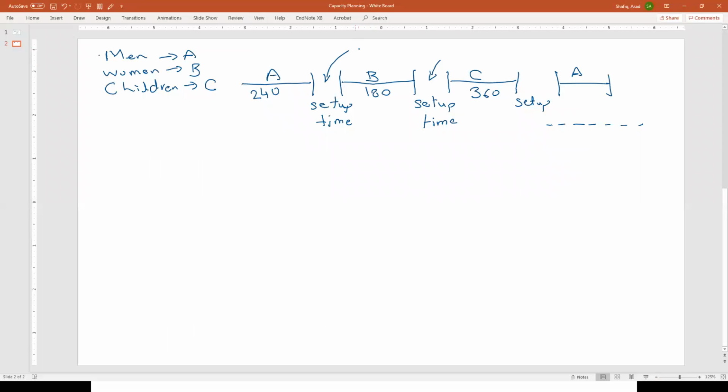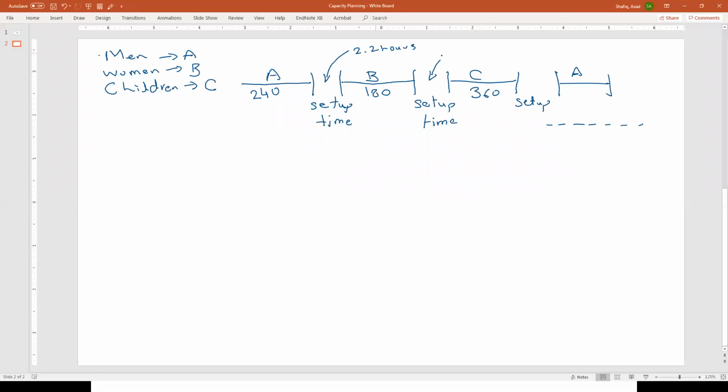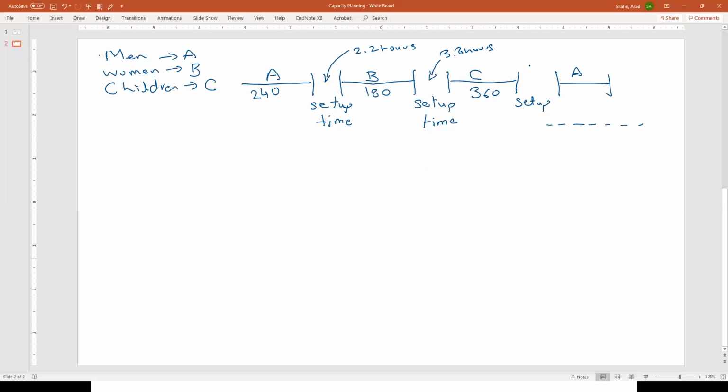So this time is 2.2 hours. And for children's sandals, it is 3.8 hours. So this time over here is 3.8 hours. And for men's sandals, it is 0.5 hours. So 0.5 hours over here, right?